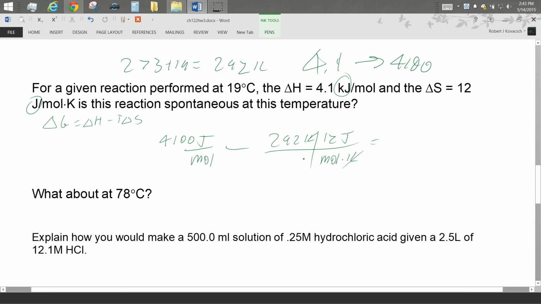And so now they both have units of joules per mole. So we've got 4,100 minus 292 times 12. And I get 596 joules per mole. So what's the answer to this question?